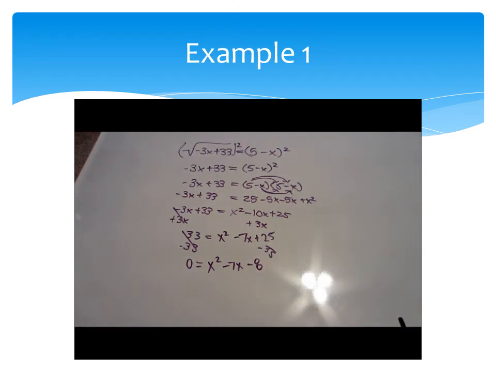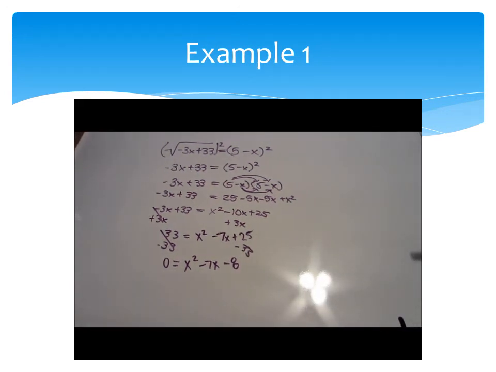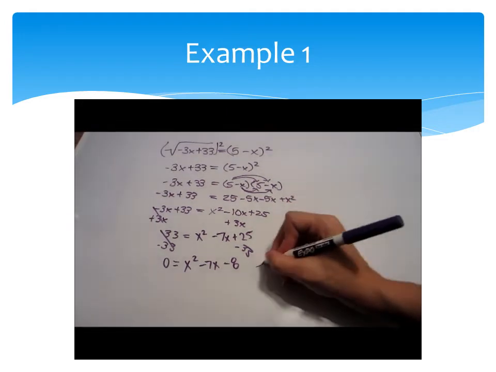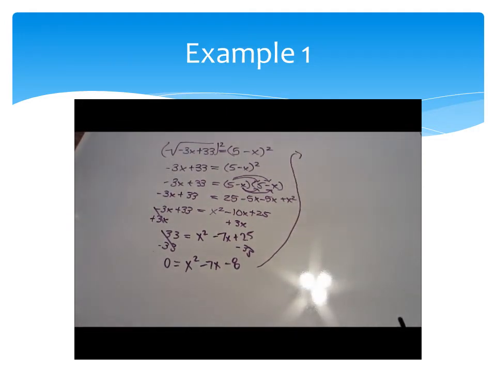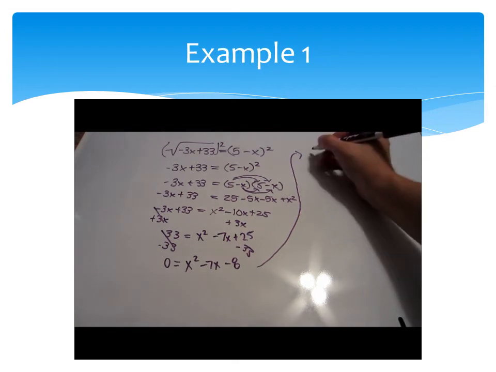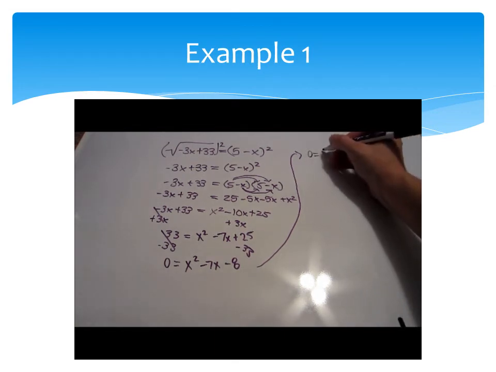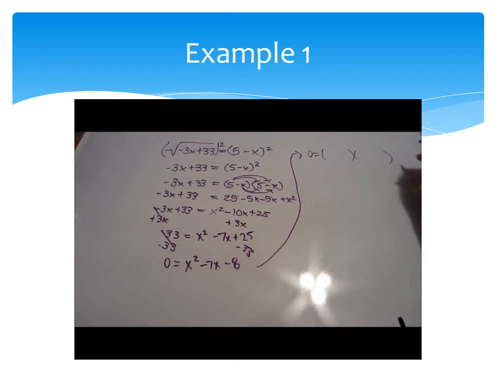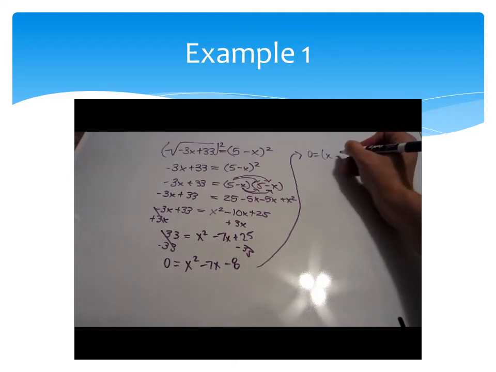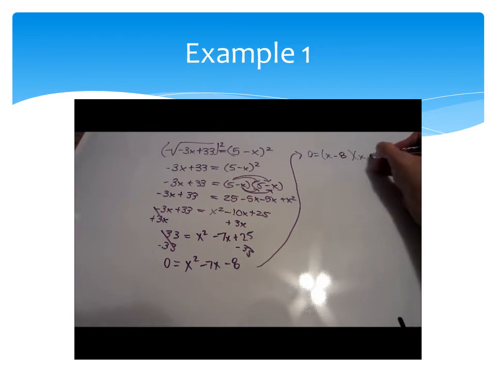Now this is something that I can factor. So I'm going to come up to the top up here and do my factoring. 0 is equal to, this is going to be x and x because there's no coefficient, and we want to multiply to negative 8 and add to negative 7. So we get a minus 8 plus 1.